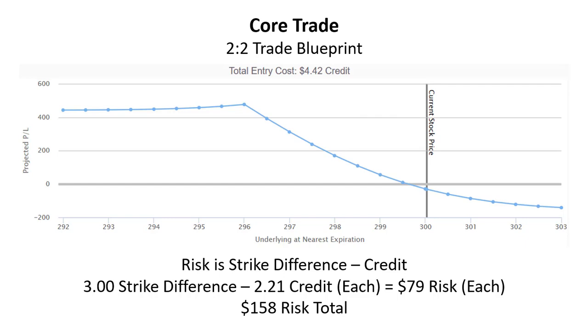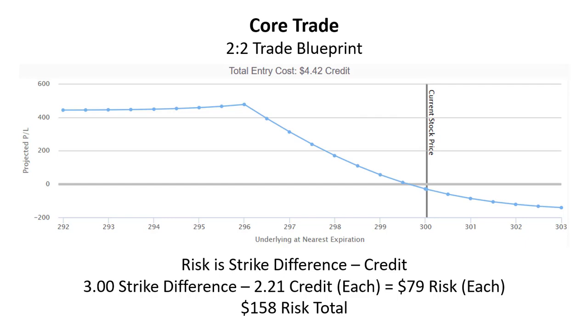There's no reason for it. There are ways to diminish that, but in this example, it's a $158 risk, and that's kind of around where my limit is, between $160 and $170, depending on how much time is left and depending on whether I have the opportunity to diminish the maximum risk or not.